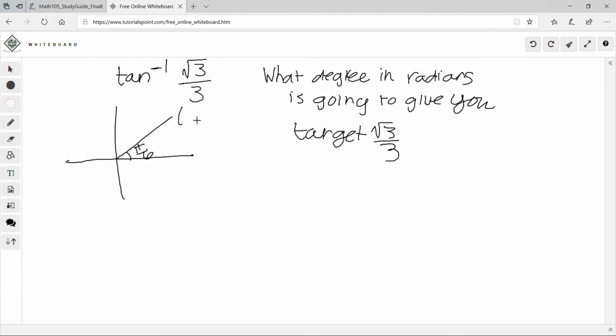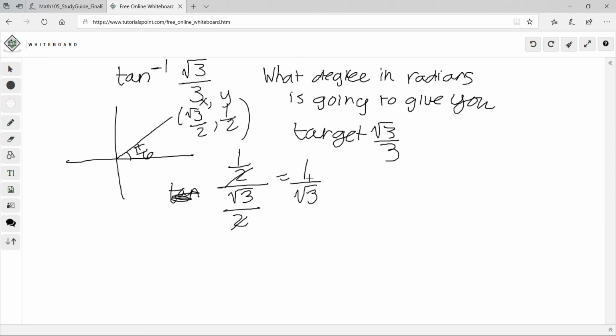Pi 6 has a coordinate of root 3 over 2, comma 1/2. So that's your x and this is your y. So remember, if you take the tangent of that, it's y over x, so it's 1/2 divided by square root of 3 over 2. 2 cancels, so you're left with 1 over square root of 3, and then if you want to rationalize the denominator, you multiply top and bottom by square root of 3.